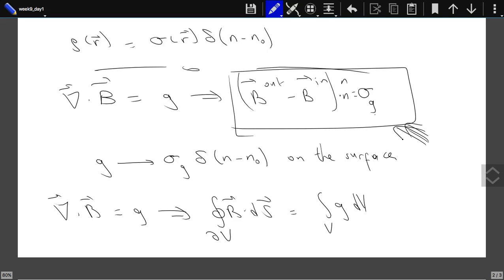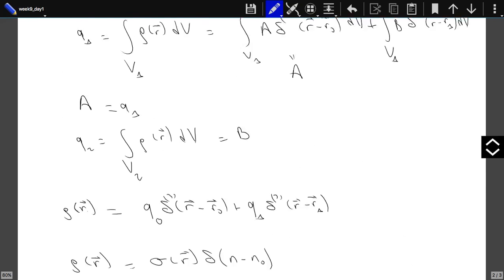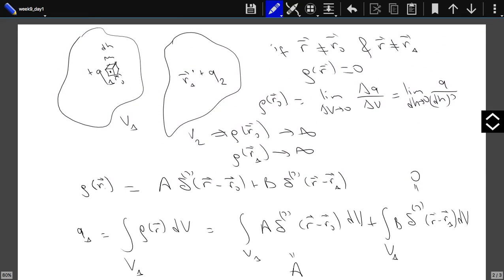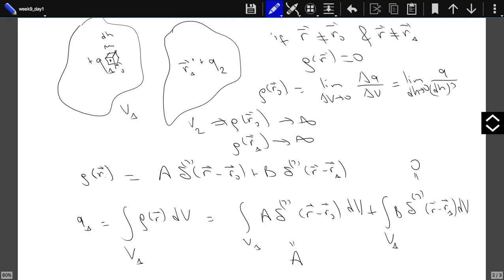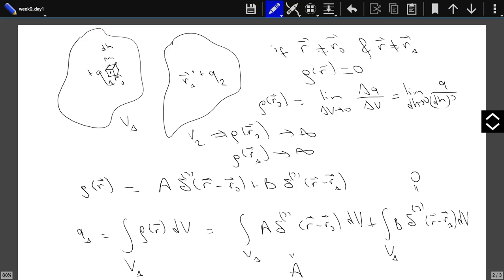In the previous question, the two-point charge question, why for Q2 does the rho go to infinity? For Q2? Well, let's just imagine this volume, this cube, let's call it dH prime.